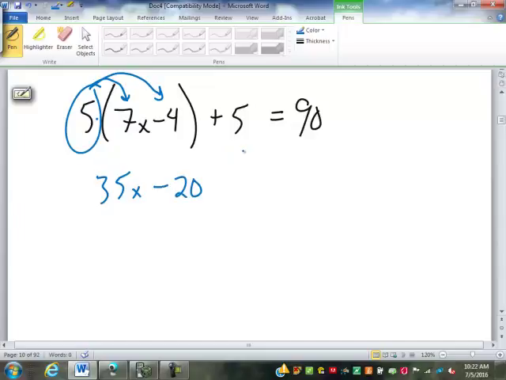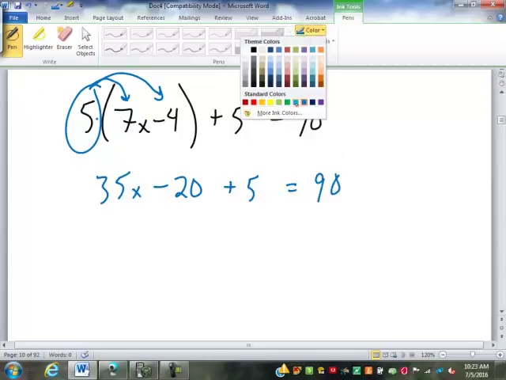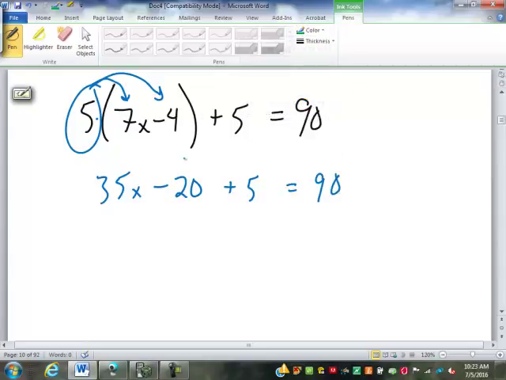Then what? We still have the plus 5 there, don't we? And now we can combine the negative 20 and the positive 5. So the 35x has not changed. What's negative 20 and positive 5? You got it.